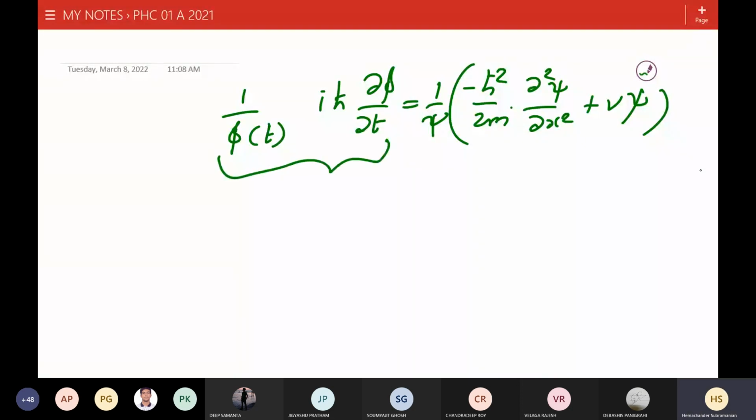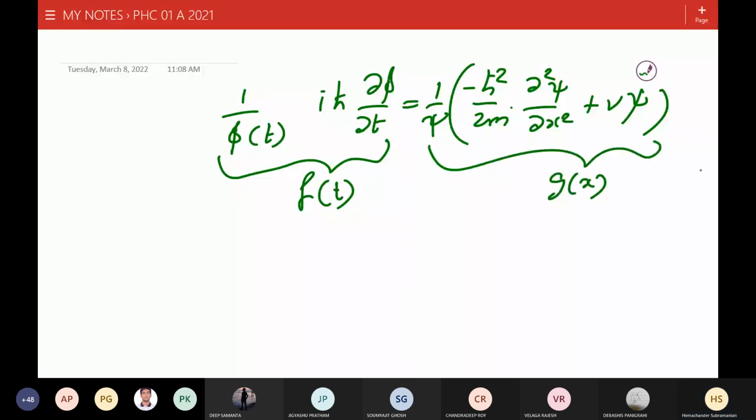Now this side is completely a function of t and this side is a function of x. If they are to be equal, they must be constant. This must be equal to a constant, and we argued about this last time. It cannot be a function of x or t.